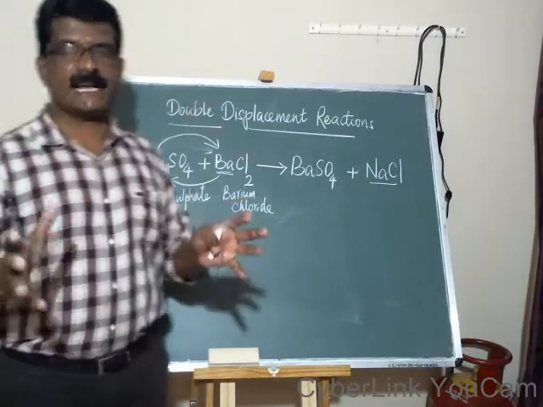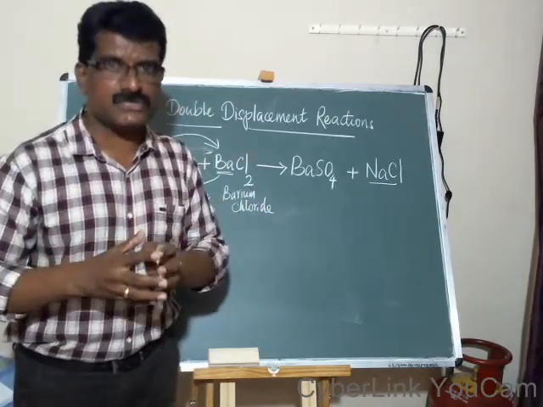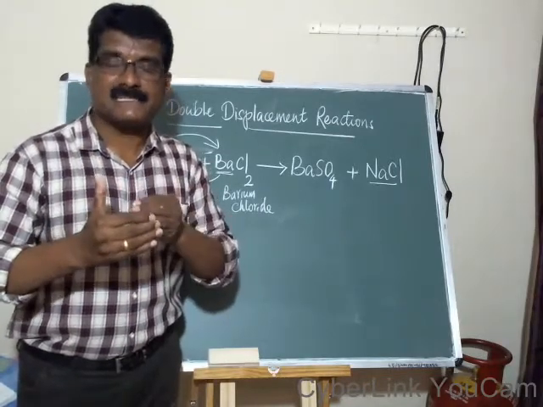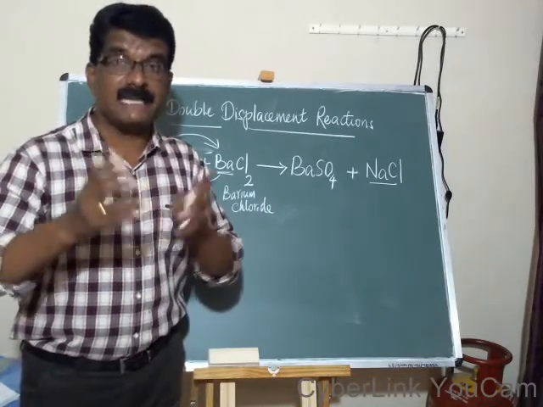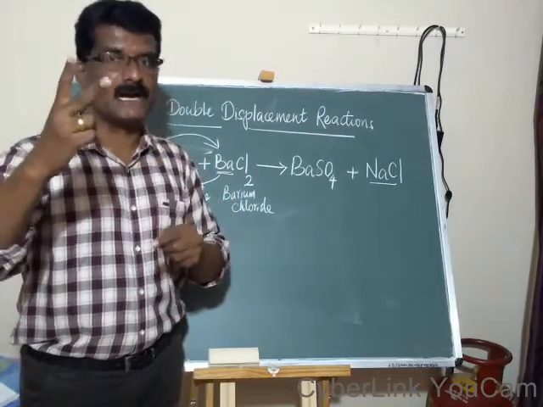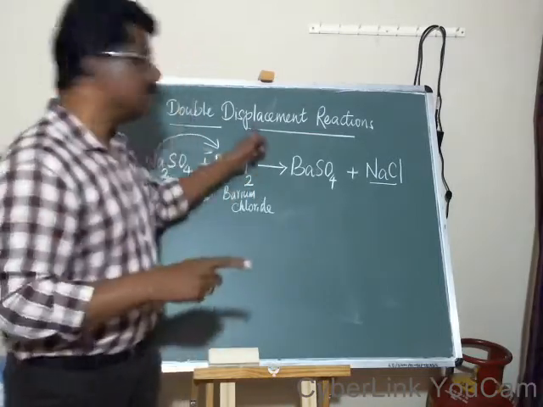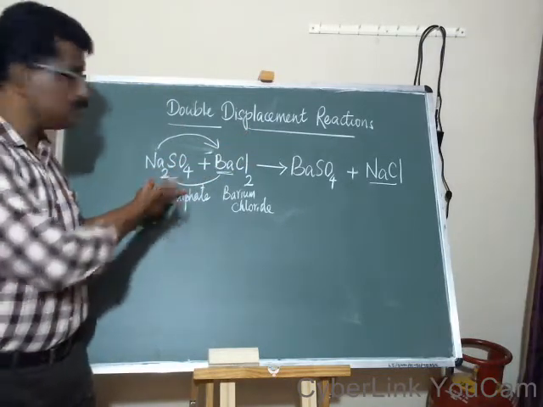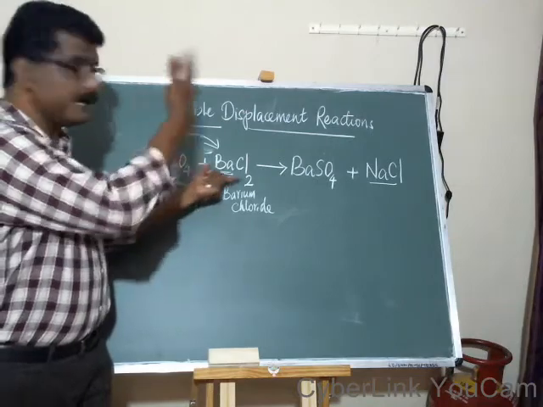Such a reaction in which exchange of ions takes place between two salts is known as a double displacement reaction. Here, which are the two salts? Sodium sulfate is one salt, barium chloride is another.